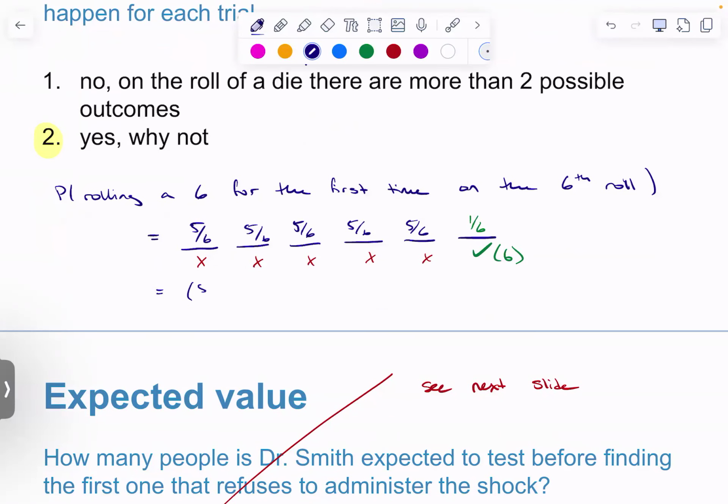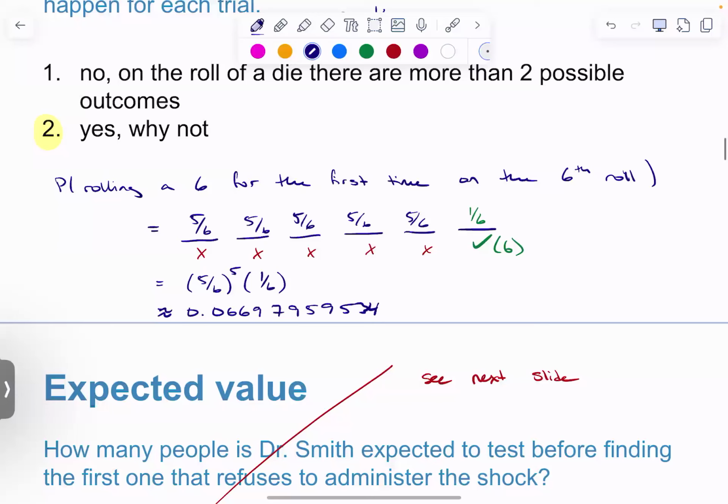This is the same as 5 over 6 to the power of 5 times 1 over 6. I get roughly 0.06697959534. Nice.